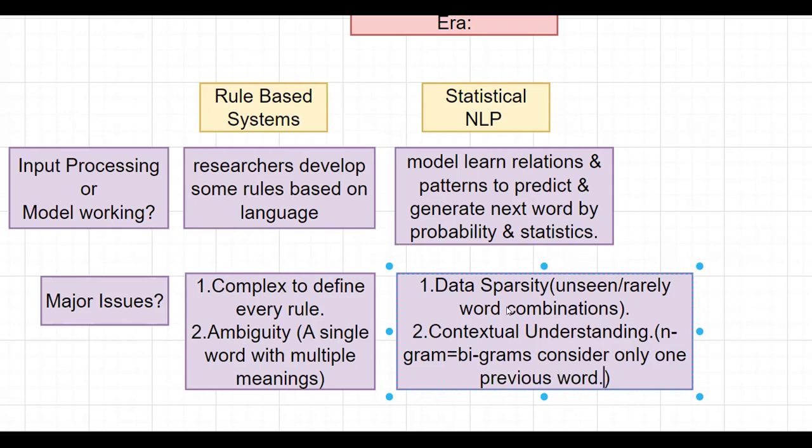To generate the sentence, it was considering only the just previous word. If I take a 3-gram, that is a trigram, it will consider only the previous two words for generating the next word.